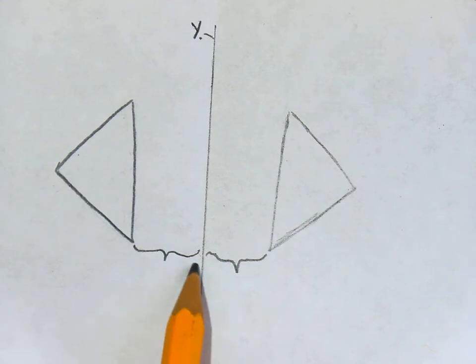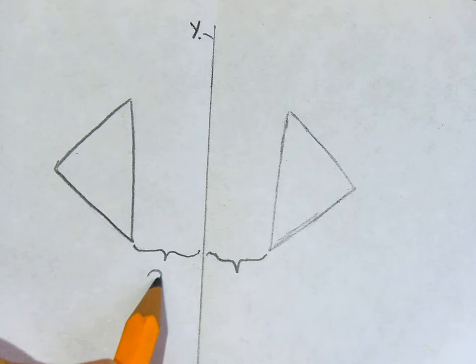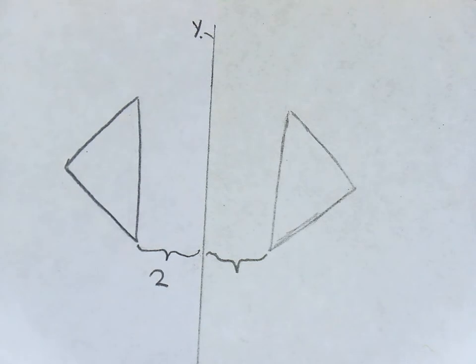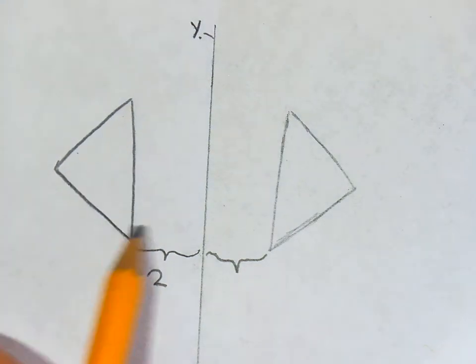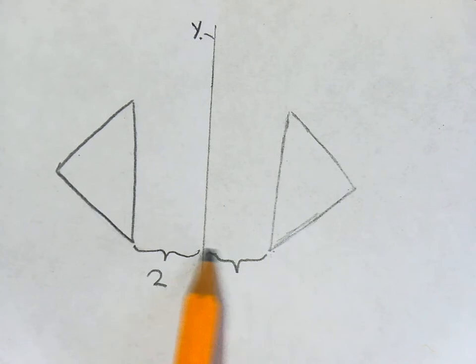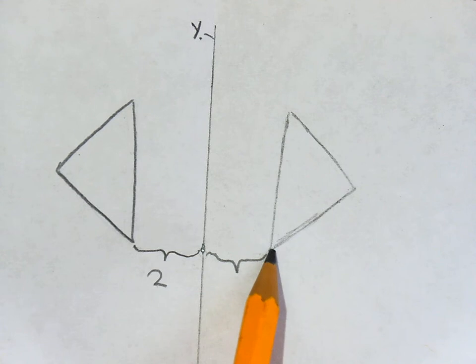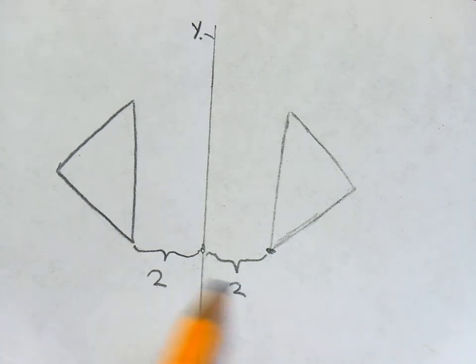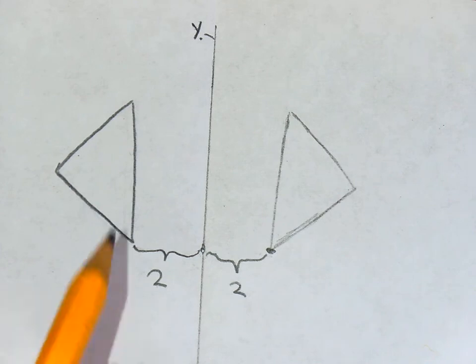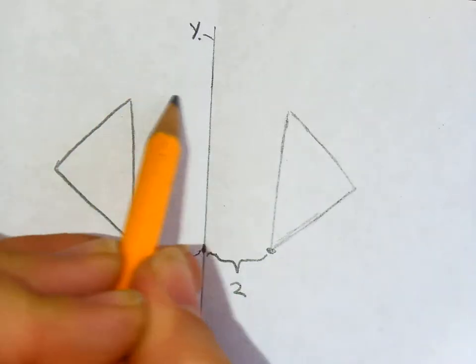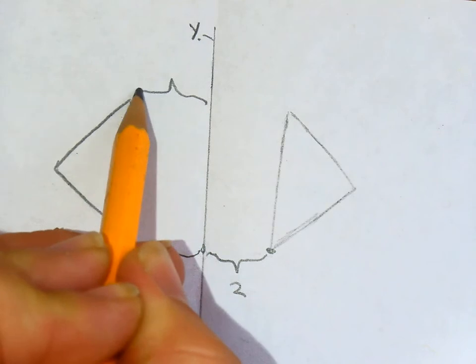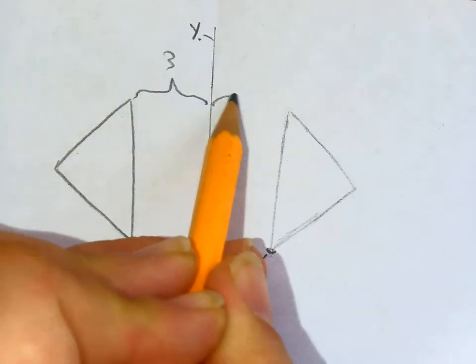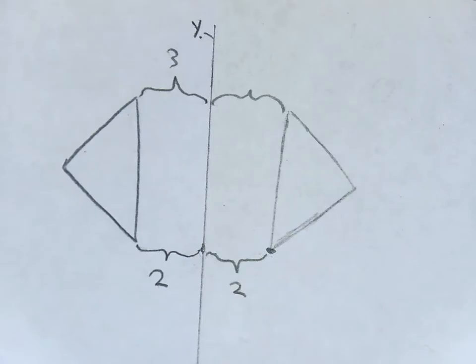If this distance here was, let's say, 2 centimeters, then how long do you think this distance is from this point of reflection to this point here? Chances are it's going to be 2 as well. Let's say this one is a little bit more bent away, and happens to be 3.